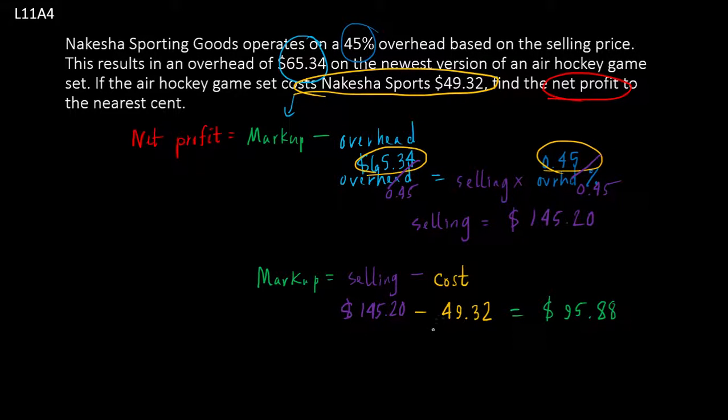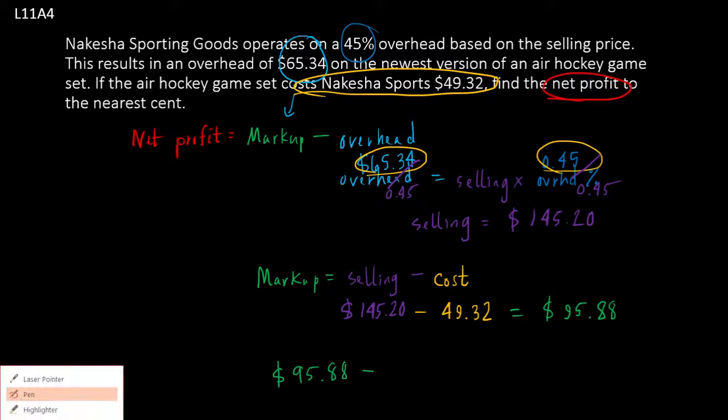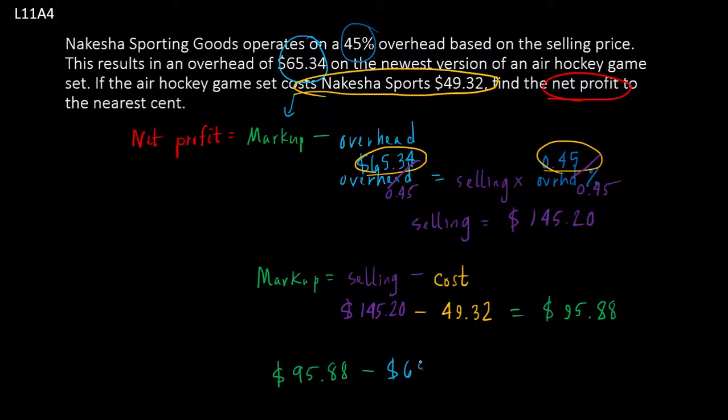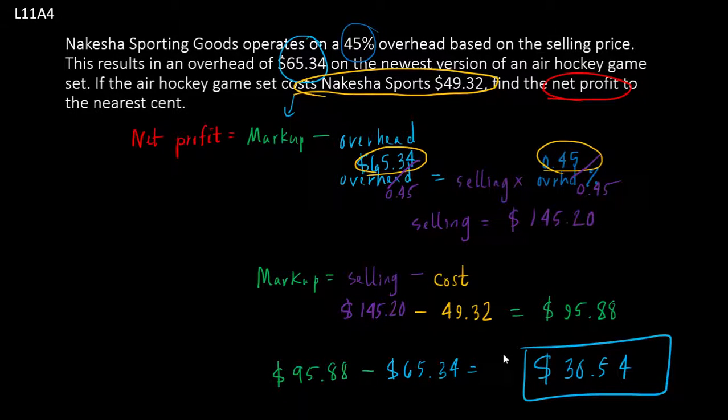I can now plug that into my net profit equation. So net profit is equal to $95.88 minus our overhead of $65.34, which gives us a final answer of $30.54 in net profit.